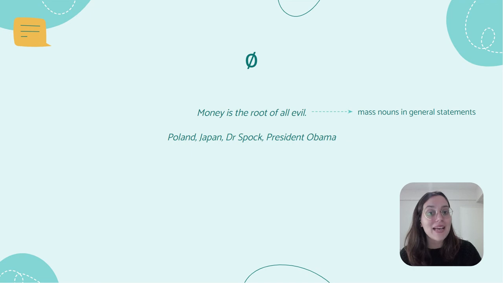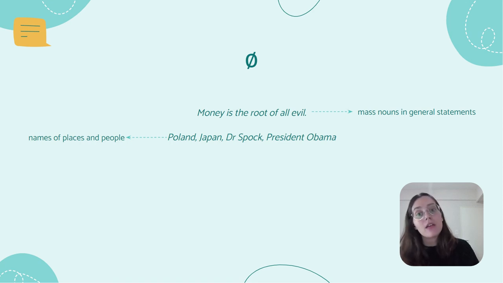When we're talking about mass nouns in general statements, or uncountable nouns, for example, in general, as in the case of money, or rice, or any of the uncountable nouns we studied before. And then the second case is that of names of places and people. Countries in general, nor cities, take an article, except some of them, as in the UK, the Netherlands, the Philippines, the USA, but there aren't many more.